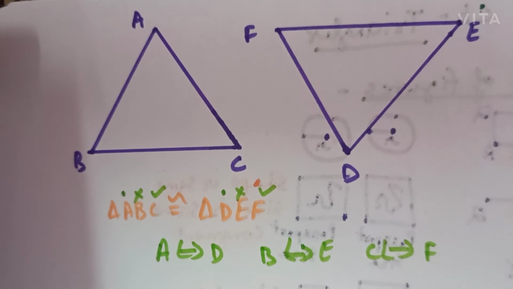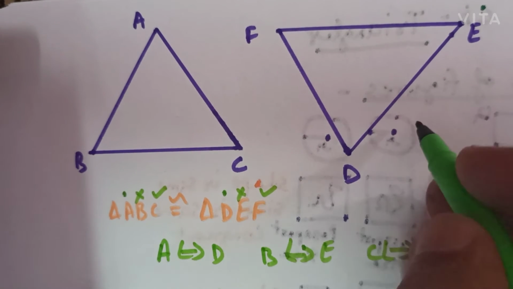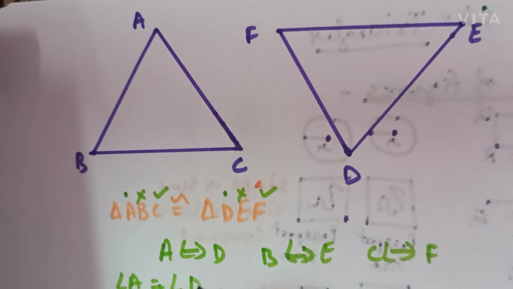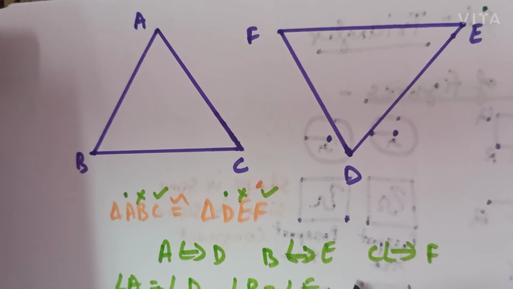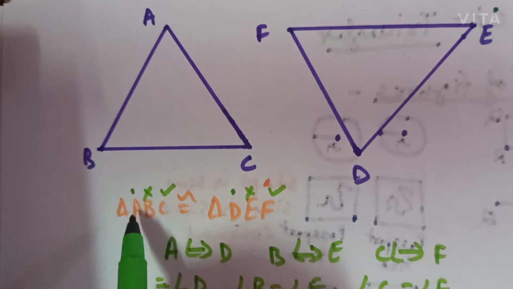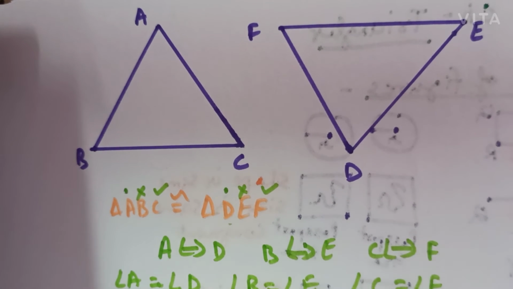Now if this is the case, then angle A will be equal to angle D, angle B will be equal to angle E, and angle C will be equal to angle F. And if we look at the line segments, then line segment AB will be equal to line segment DE, line segment BC will be equal to line segment EF, and line segment AC will be equal to DF.